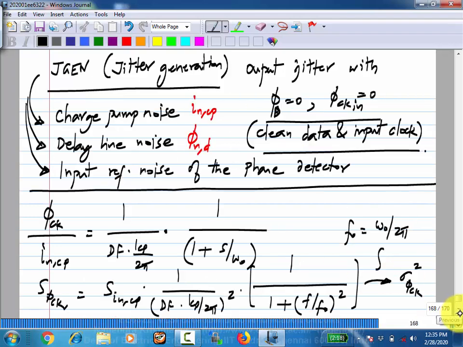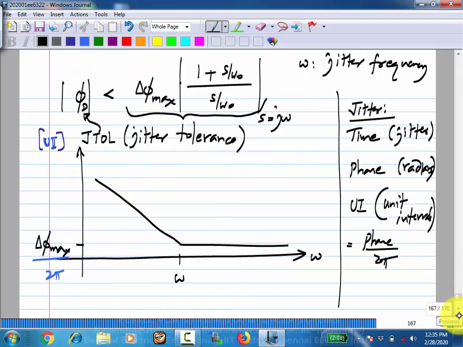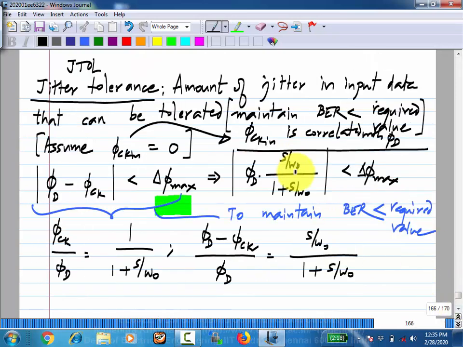Again, I think I should use omega BW here because omega naught I have been using for the frequency of transmission, right? Again, I made the same mistake. This omega BW refers to the bandwidth. Omega naught I have been using for the frequency of the clock. Okay.